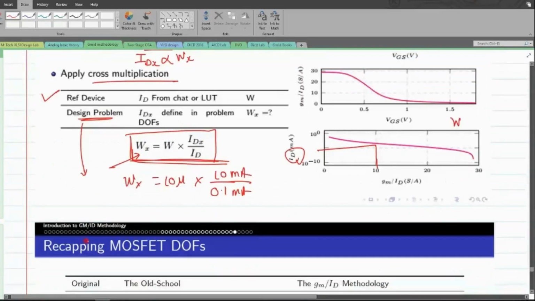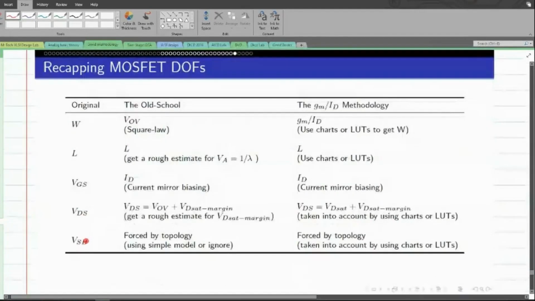Now that we have seen how these 5 design variables impact our circuit design, here is a quick summary of all these design variables. We had all those 5 variables, and each of these variables we have either retained or replaced with a different variable. That is what is being summarized here.